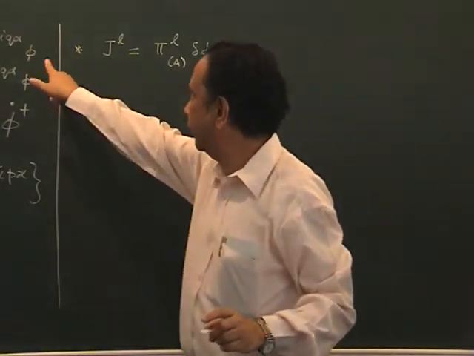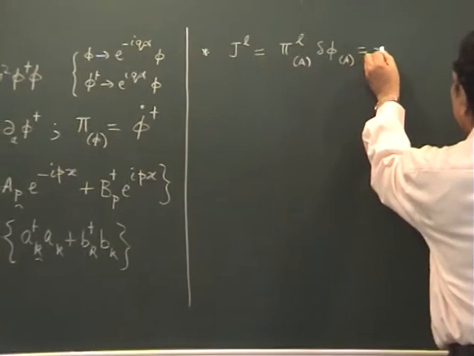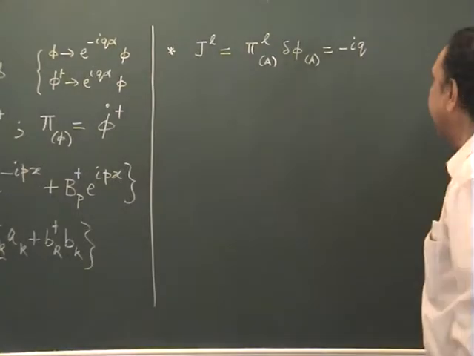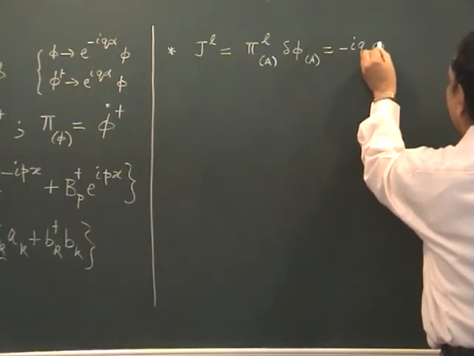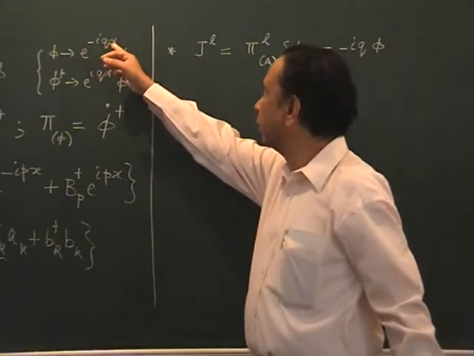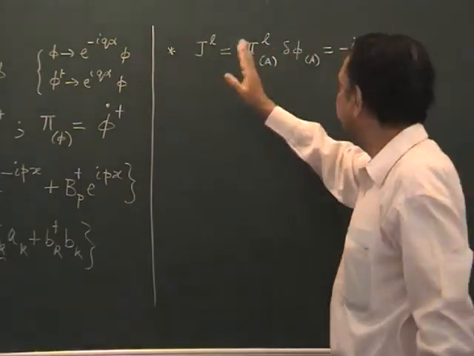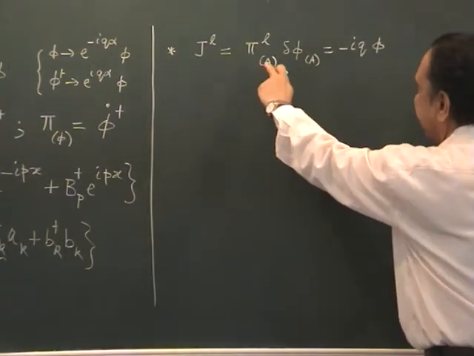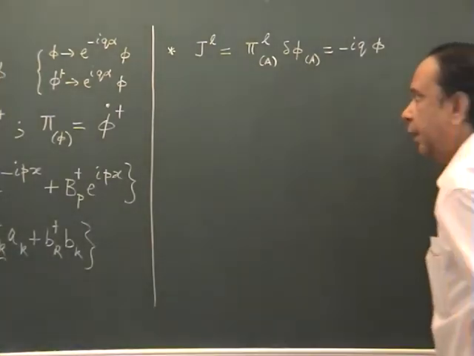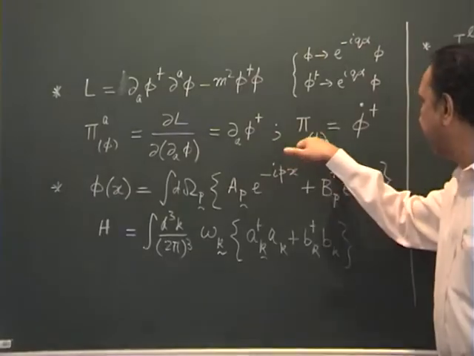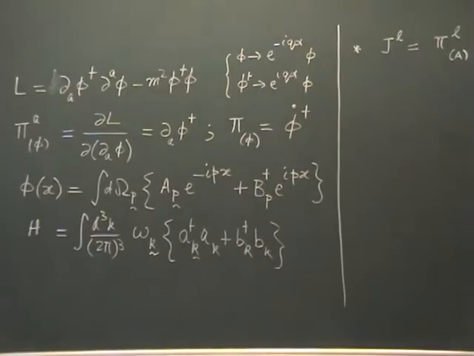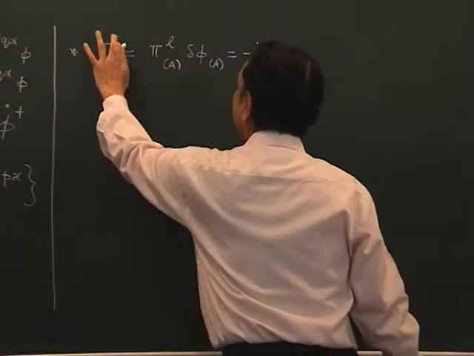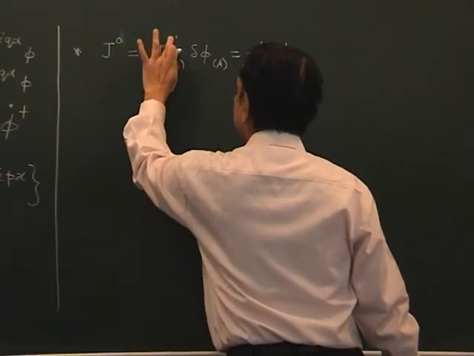So delta phi from this is going to be minus iq phi. You eliminate the other part of it. You don't really put this alpha because it is all defined only with respect to a total proportionality constant. Then you have to take the pi for the phi field. Pi for the phi field is this, with the zeroth component being given by this. So let me just write down the J0 component, that is easier.